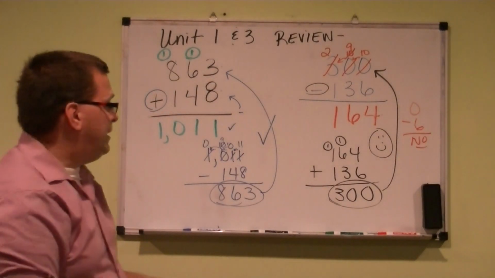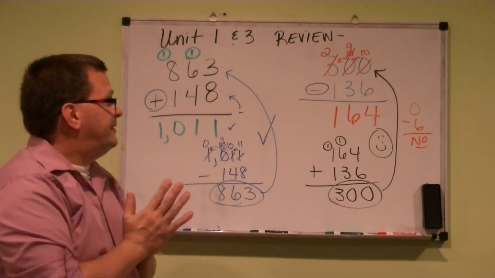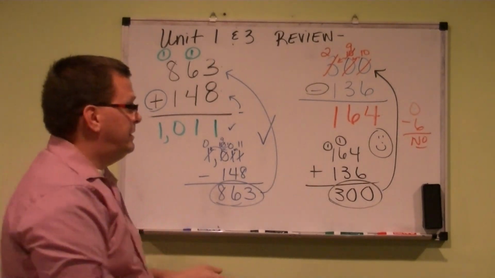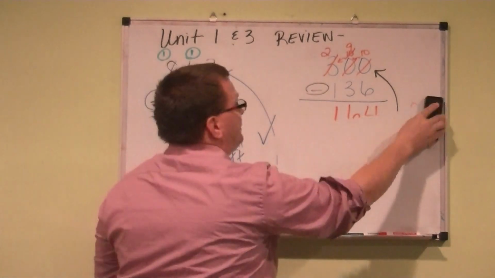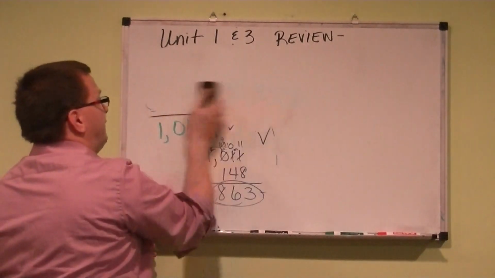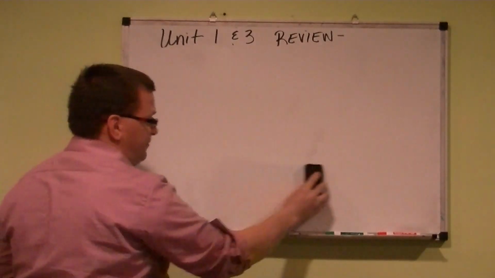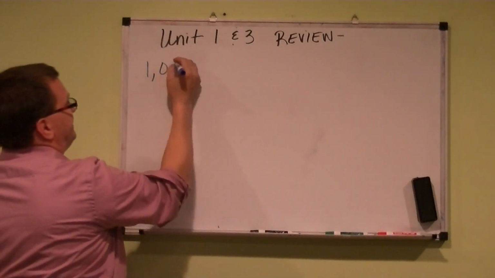But now I want to talk about another aspect of the test, which is going to be the proof models. We did pretty well with the proof models, but I want to make sure we understand them all. And we talked about 4 different place values on the proof models. The first one we talked about is the thousands.